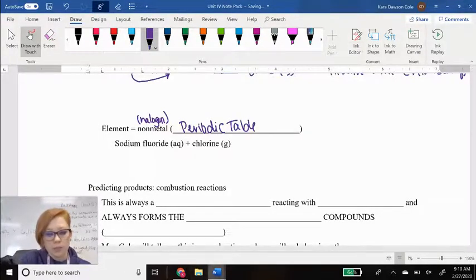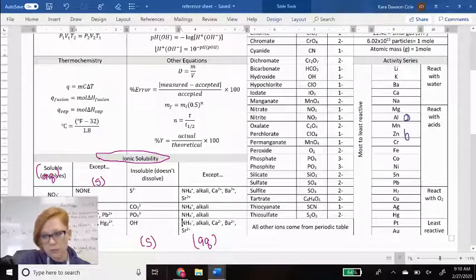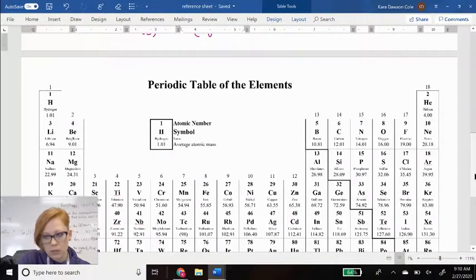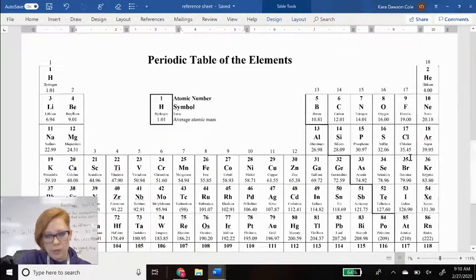So I go to my periodic table and go down. Notice that fluorine can replace anything below it in the column. Chlorine can replace anything below it, but it can't replace fluorine. Bromine can only replace iodine. And iodine can't replace anything. So that's your activity series for the halogens.